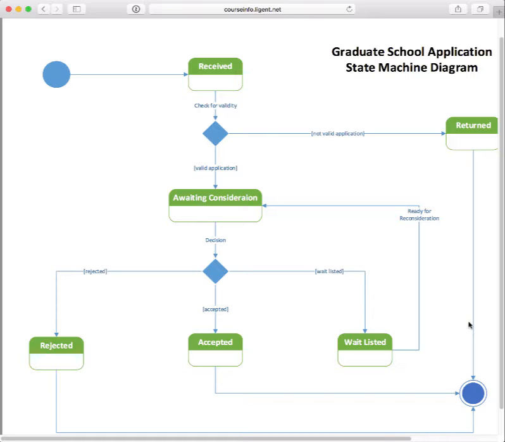Is there a way to tell that it's currently awaiting consideration? If not, then I've got to engineer that capability into the model. Is there a way to tell that it's been waitlisted? If not, then we need to add that. Is there a way to tell if it's either rejected, accepted, or returned? If not, we've got to add that capability.